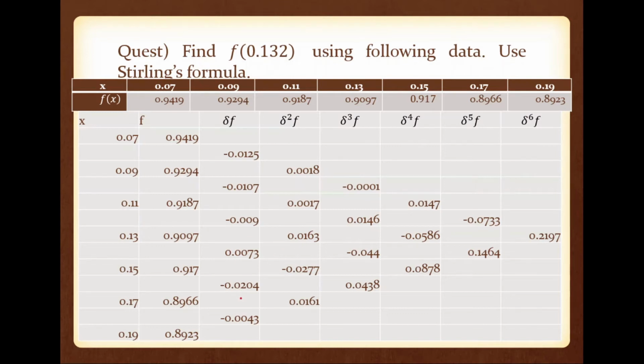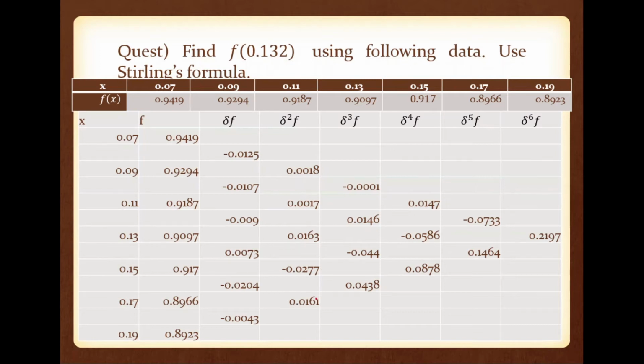Similarly, minus 0.0204 minus 0.0073 is minus 0.0277. And the last one is minus 0.0043 minus minus 0.0204, which is 0.0161. So this column is the second order central difference.